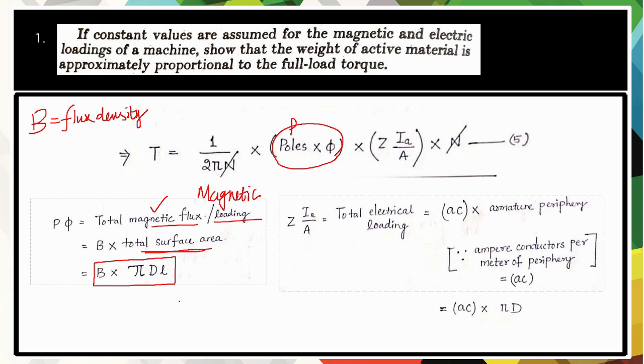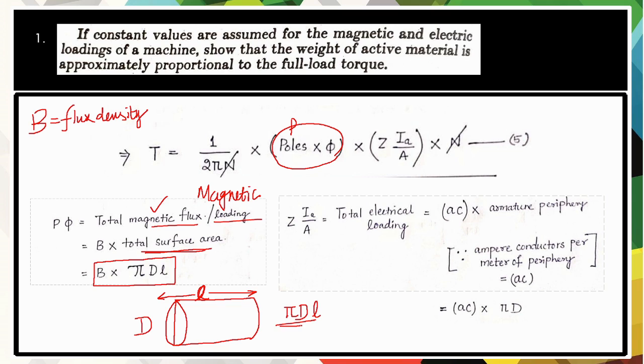How? If you consider the cylinder here, a cylindrical machine, and this is the diameter, and this is the length, the total surface area is given by pi dl.